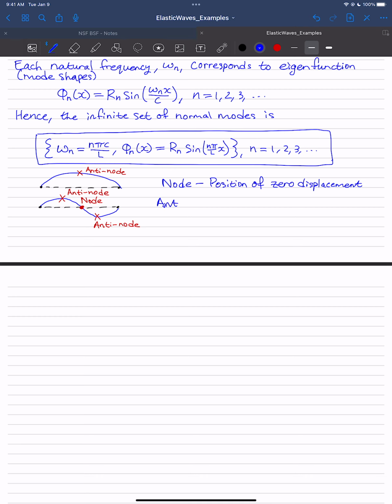And then an antinode is the opposite of that. So an antinode is a position of maximum displacement. Okay, and that is it for this example.